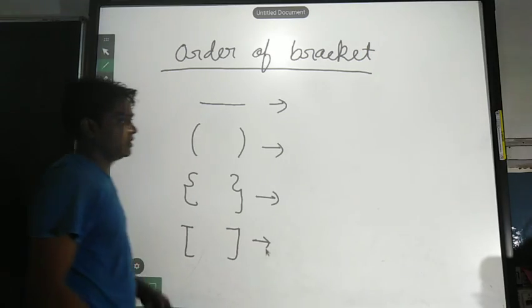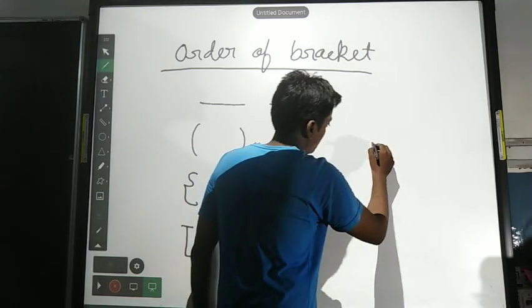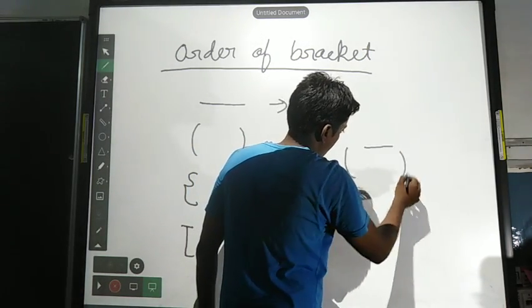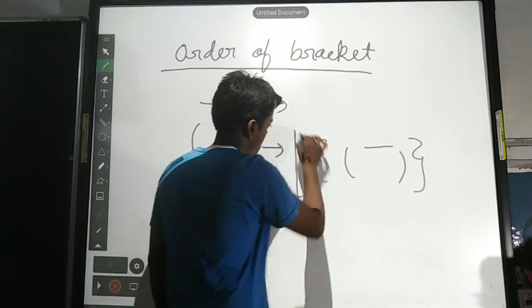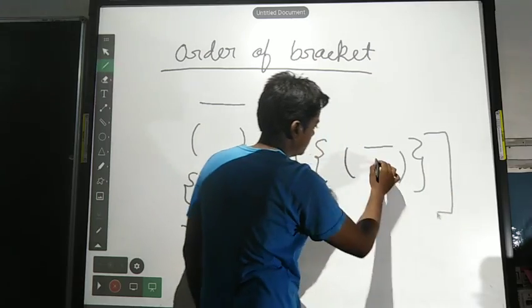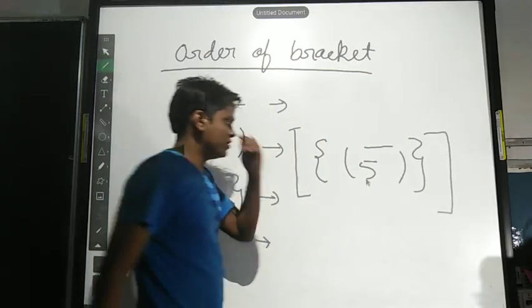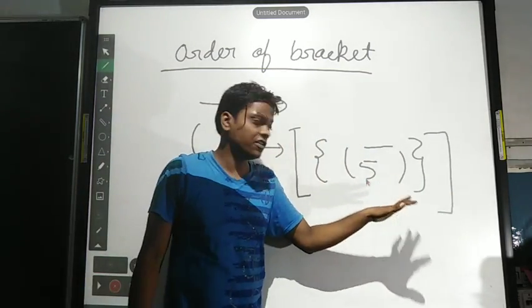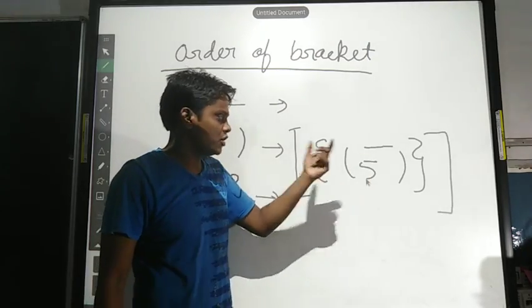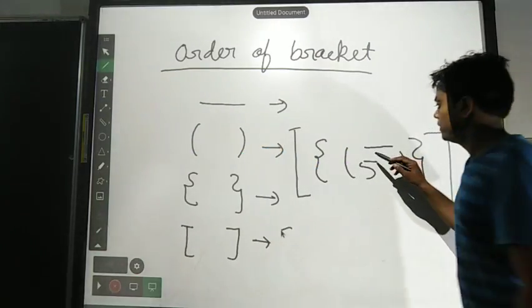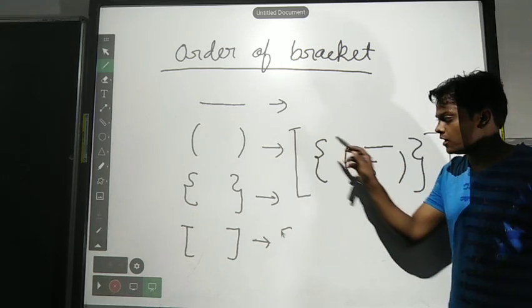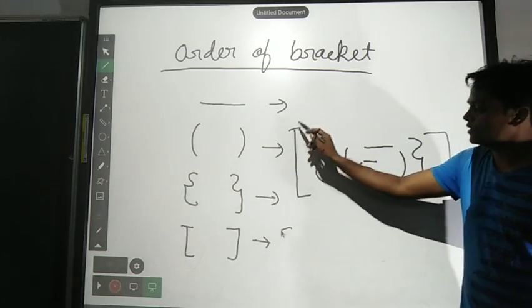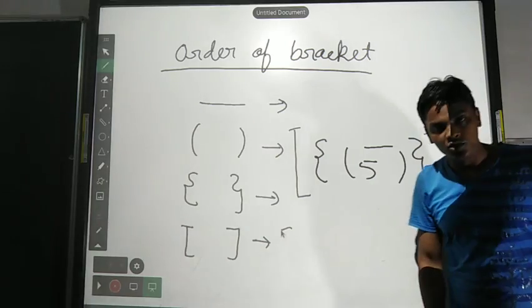If it is given like this, and this digit is inside all these brackets, first of all you will solve the bar bracket, after that the small bracket, after that the curly one, and after that this large one.